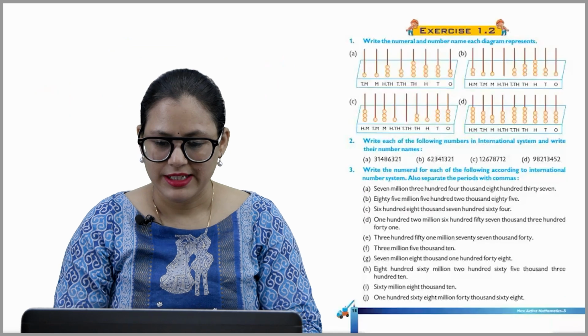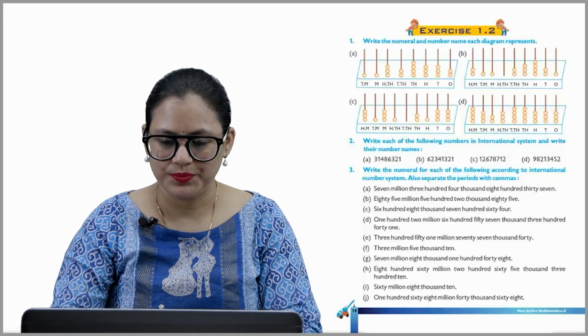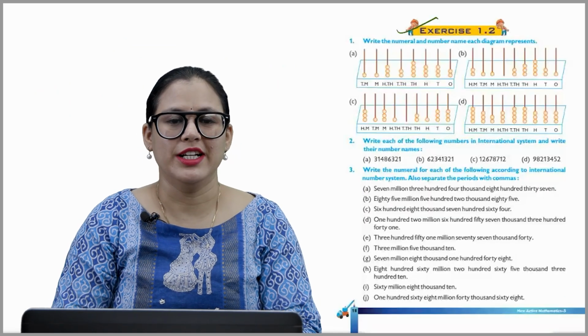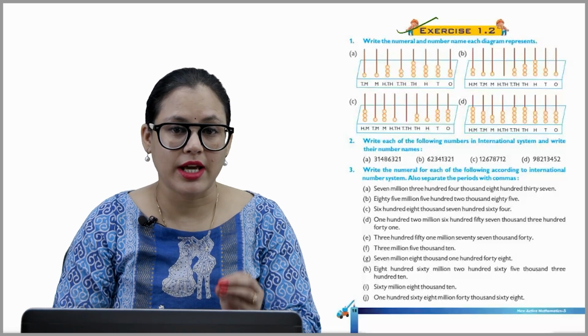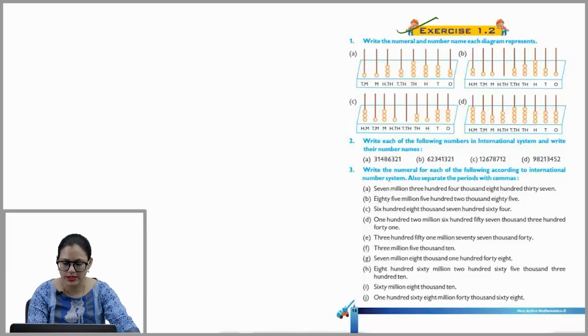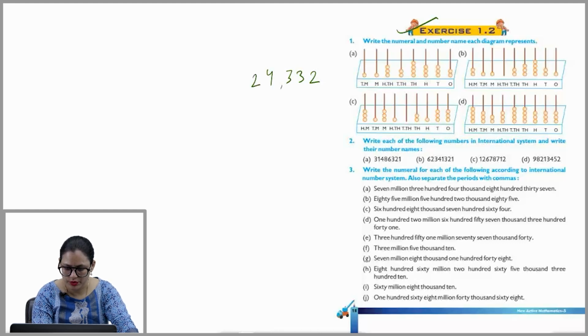Now let's do exercise 1.2. Write the numeral and number name each diagram represents. So here there are 2, 3 beads, then 3, then 4, 2, 3, 1 and 1.